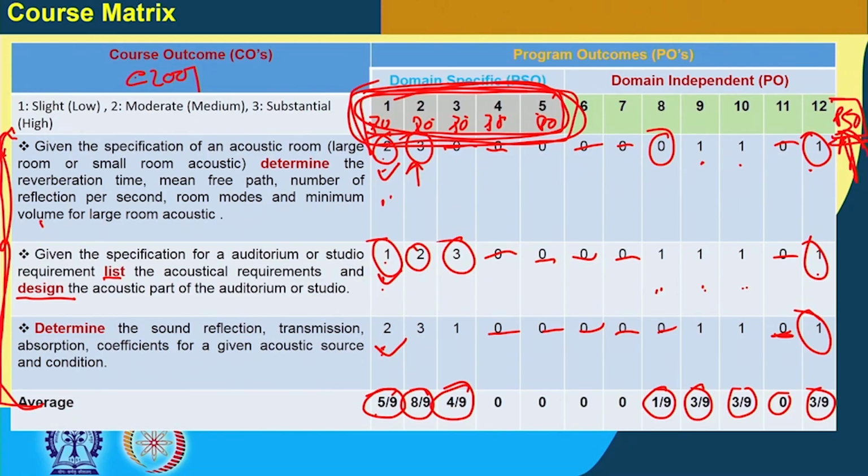Okay. So, course outcome combined with teaching learning process contributes towards the fulfillment of the PO. Each and every subject, whether it is a theory subject, lab subject, viva, seminar, there must be a course matrix.